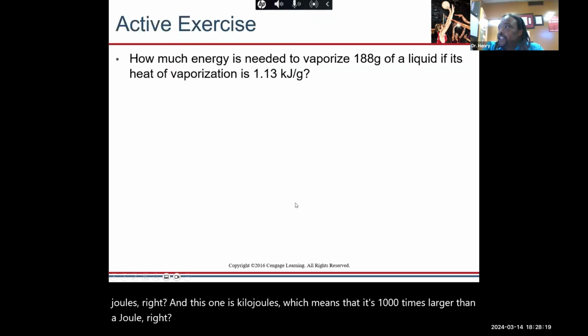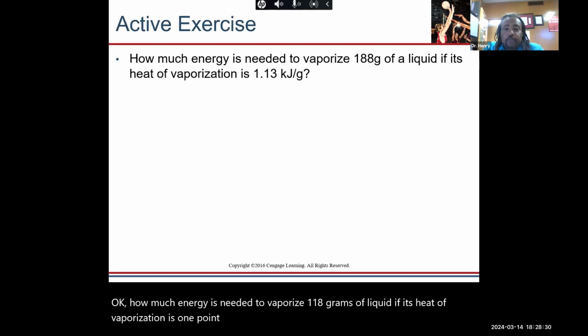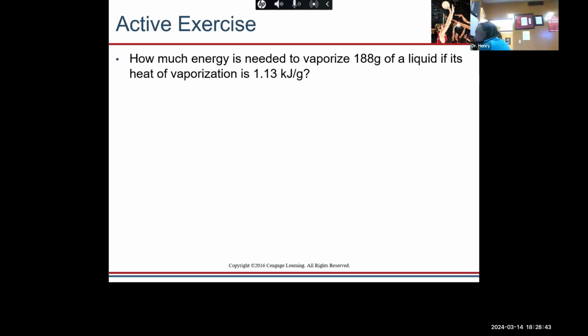Okay, how much energy is needed to vaporize 118 grams of liquid if its heat of vaporization is 1.13 kilojoules per gram? So in this case, they're giving us everything that we're going to need for this problem, right?